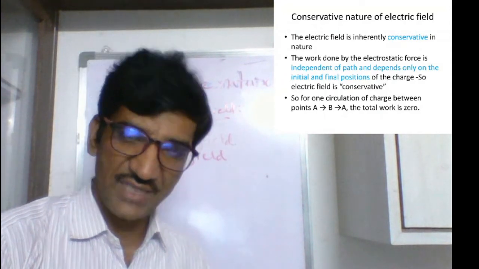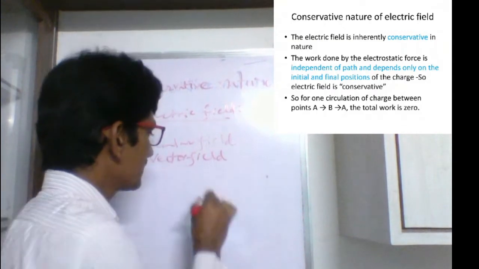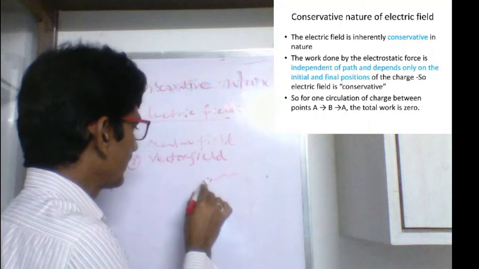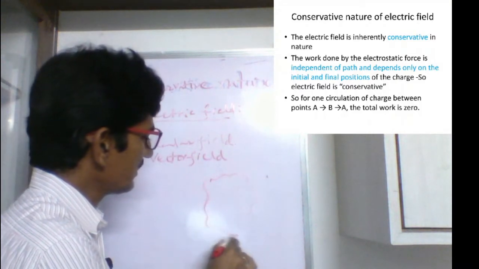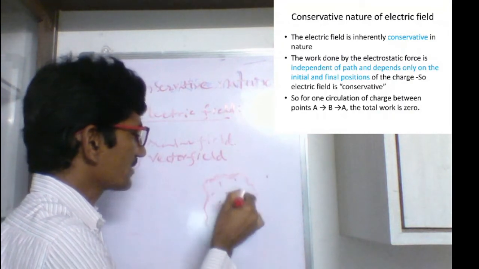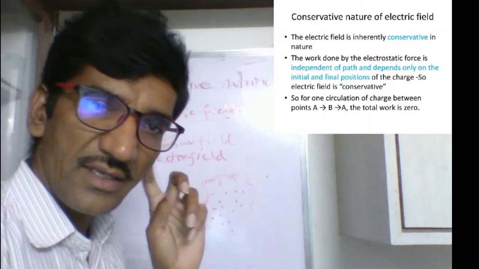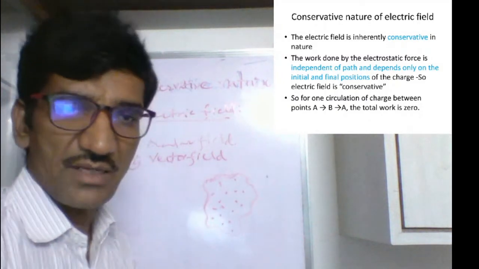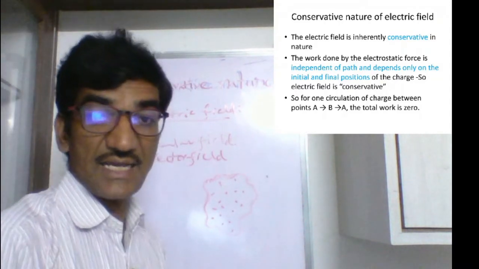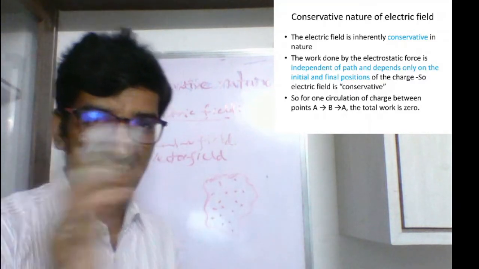If it is a case of scalar field, at each and every point of that field, you can assign only one scalar number, one quantity, the magnitude of one quantity. You can attach at each and every point of the scalar field a scalar quantity.